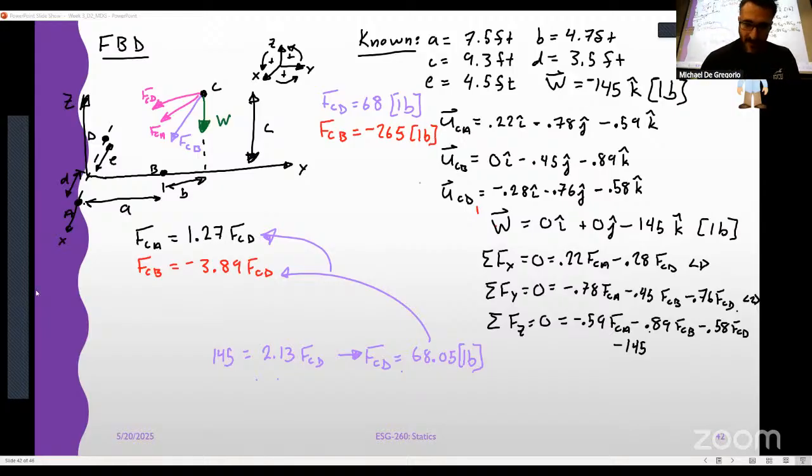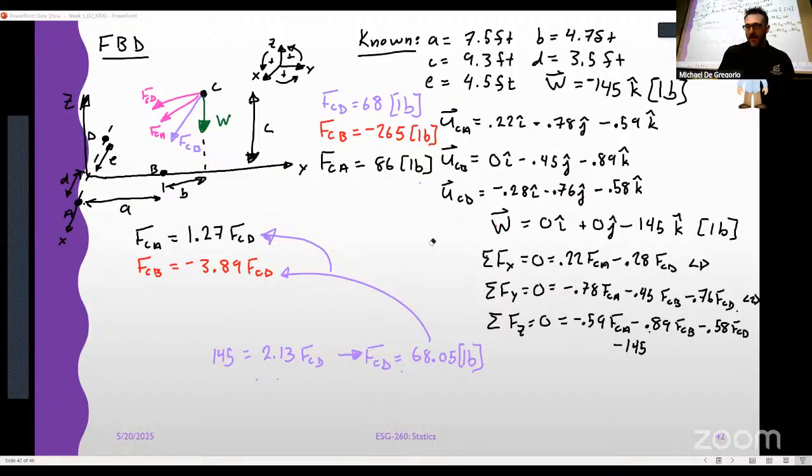And then finally, the answer that we were asked for is FCA, which is 1.27 times 68.05, or 86 pounds. And there we have it. Wonderful. Fantastic. All is well.